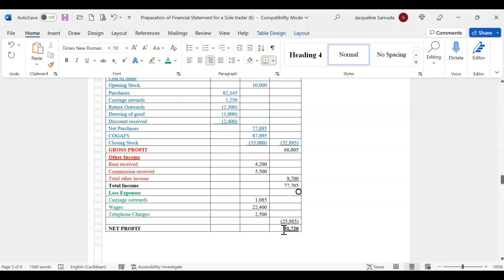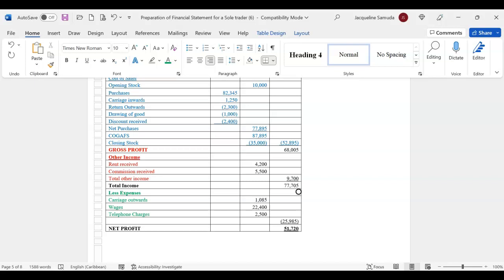and that gives you your net profit of 51,720. So the objective of the statement of profit or loss is to calculate whether you've made a net profit or whether you have incurred a loss. And we will refer to that as a net loss. If it is a net loss, the number that you have will be bracketed.